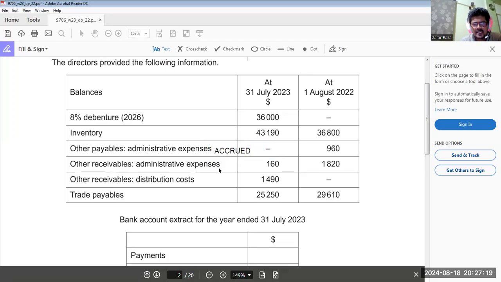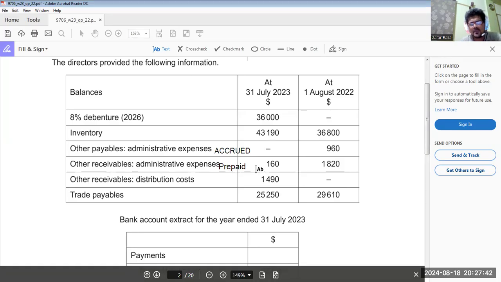This is accrued and this is prepaid. Accrued at the start of the year is going to be subtracted. There is no accrued at the end of the year; this should be added. Prepaid at the start of the year is added. Prepaid at the end of the year is subtracted.